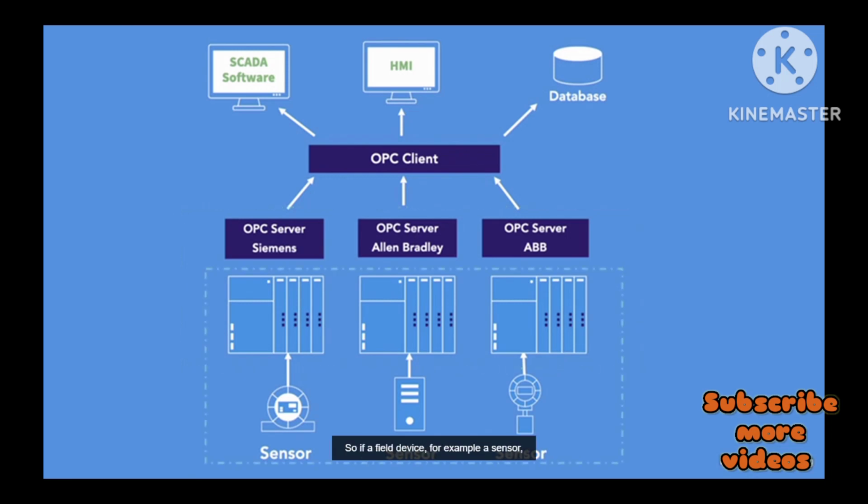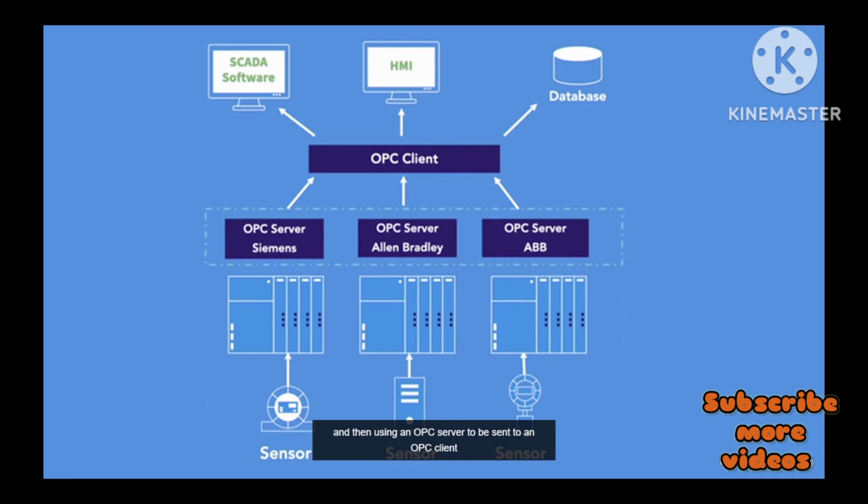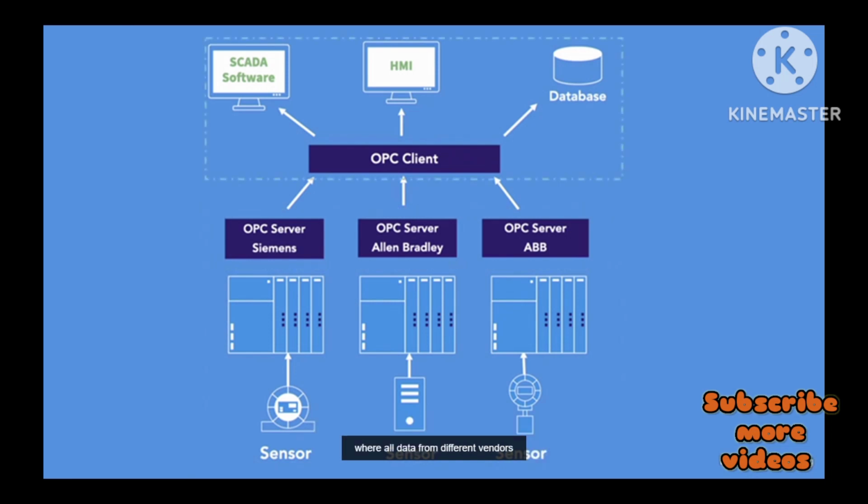So, if a field device, for example a sensor, is connected to one or multiple controllers, the data is transferred from the sensor to the controller and then using an OPC server to be sent to an OPC client, where all data from different vendors are accessible using one place.